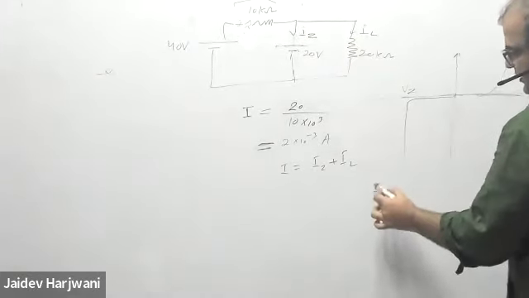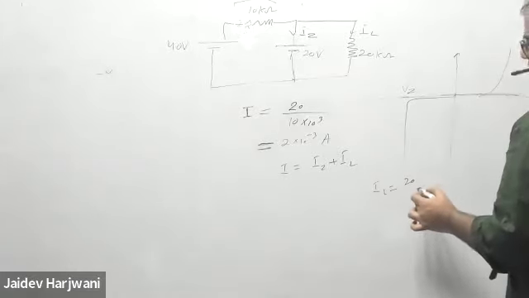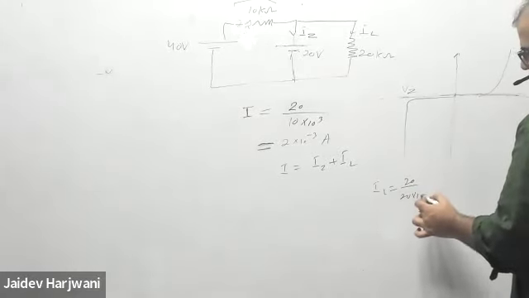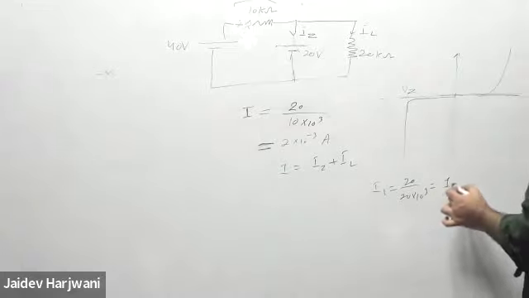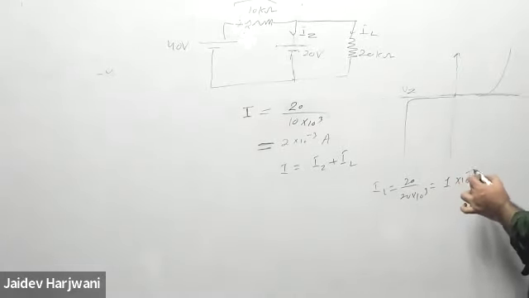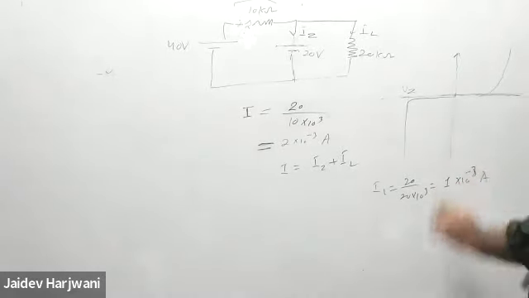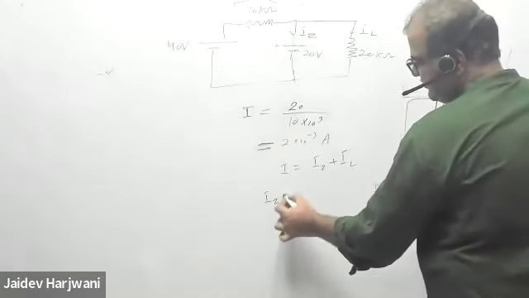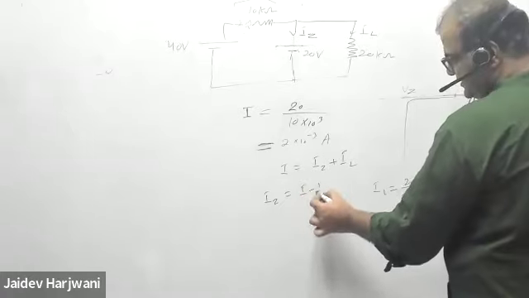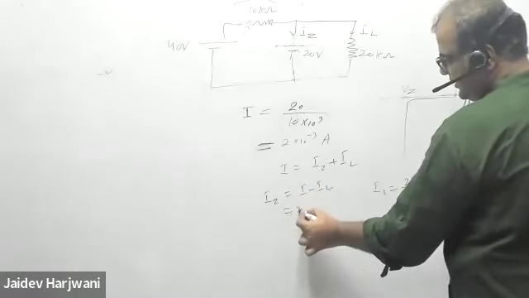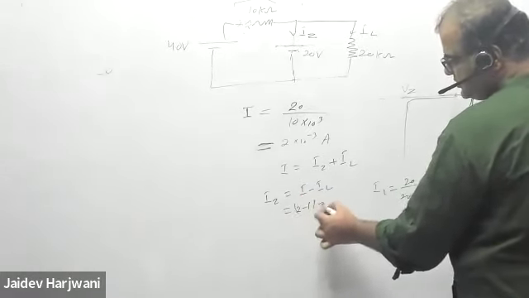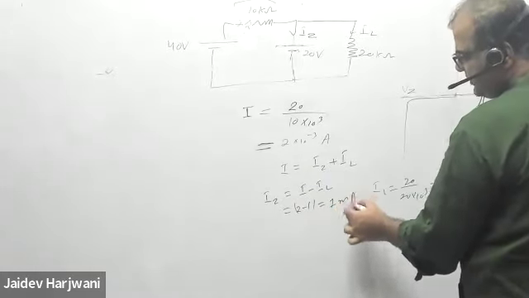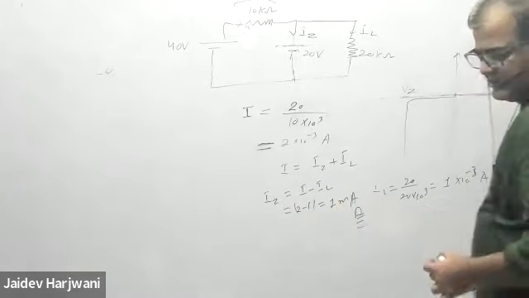So my I load becomes 20 divided by 20 kilo ohm, so this is 1 milliamp current. So I can find my IZ. My IZ will be I minus IL. This is 2 milliampere, this is 1, so this is the 1 milliamp answer. So 1 milliampere will be the answer.